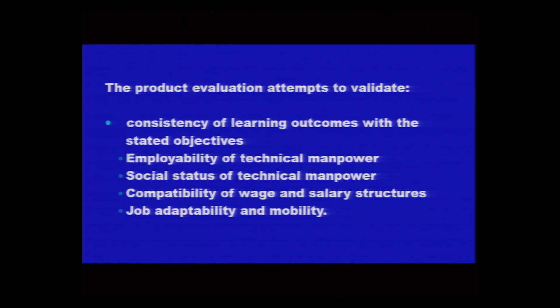So in the product evaluation, we attempt to validate consistency of learning outcomes with the stated objectives, because in the curriculum we identify the various course objectives which we are to develop through the implementation of the curriculum. So whether those competencies which we have conceived during the design stage have been achieved by the students or not, so that they are properly employed.